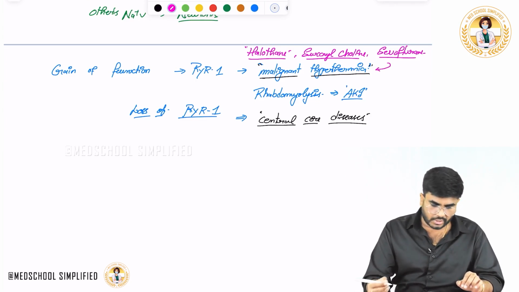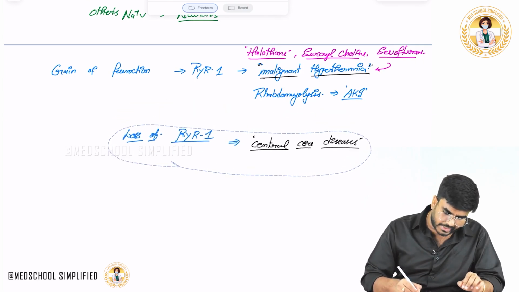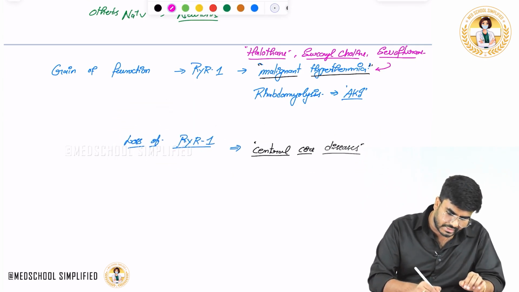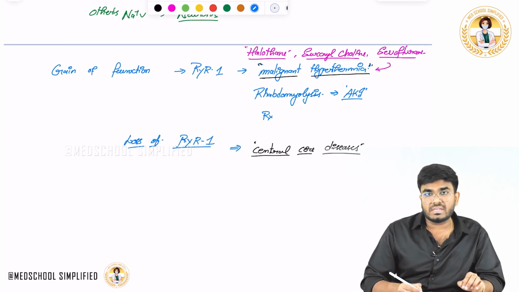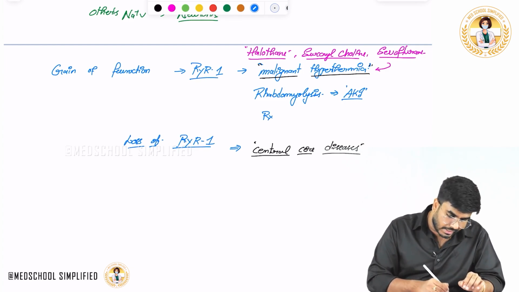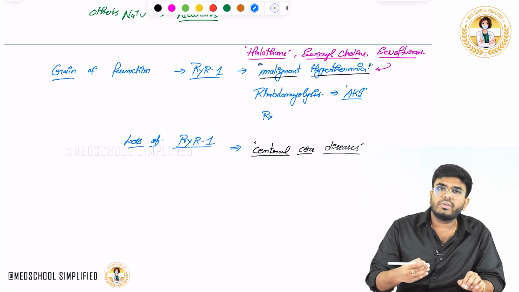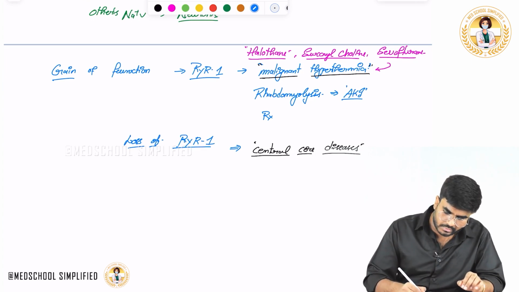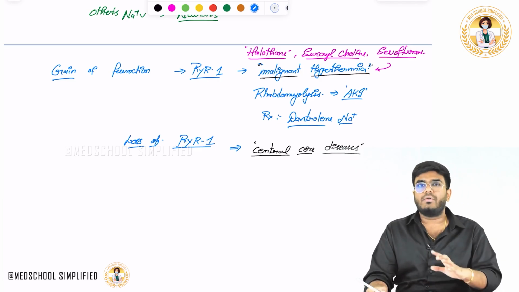So there is excessive muscle contraction, and I have also explained the treatment for this malignant hyperthermia in the last video itself. The treatment should be a blocker of RYR channels. The RYR channels are doing gain of function, they are doing overaction, so you have to block them. So the drug is dantrolene sodium. I have already explained this.